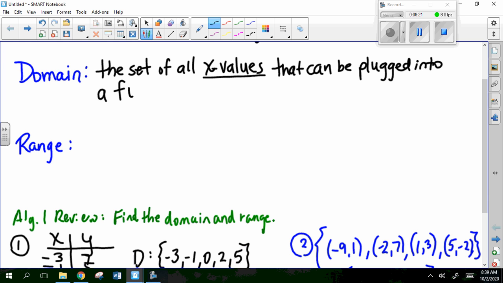a function. So that means we're not just going to be given a bunch of ordered pairs. You might actually be given a function, whether it's a regular function or a piecewise function or whatever. So it's a set of all x values that can be plugged into a function and result in a real number.